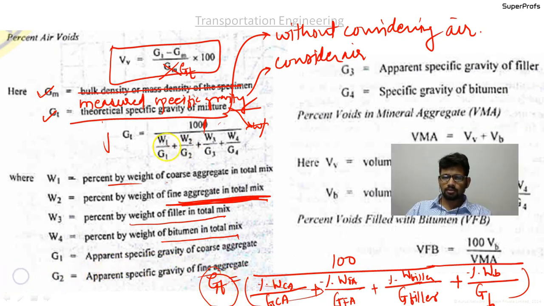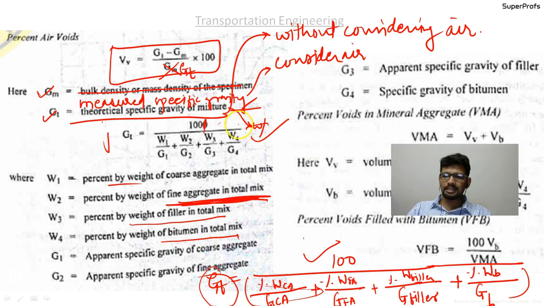Please write this down carefully, that GT equal to 100 upon, either you write it in this format or this one. It means one and the same thing. I have just changed the suffix 1, 2, 3 and 4 to the coarse aggregates, fine aggregates, the filler material and the bitumen.